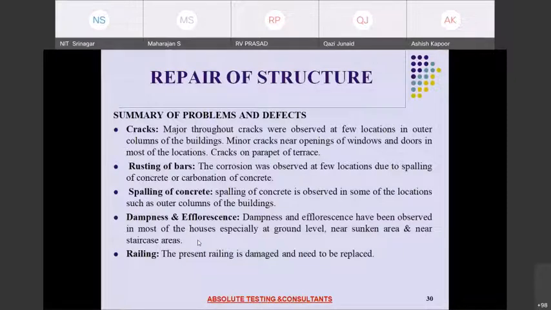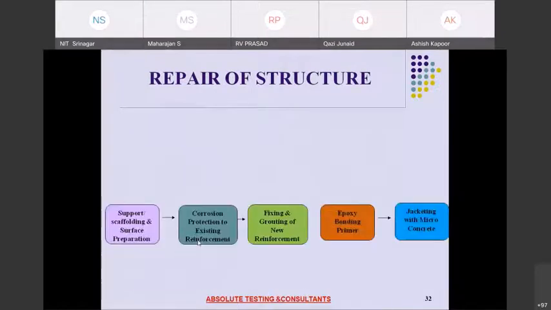Then spalling of concrete, again because of the rusting. Then dampness and efflorescence, which act as a catalyst for the carbonation and rusting process. And the railings were completely damaged and can be replaced completely.